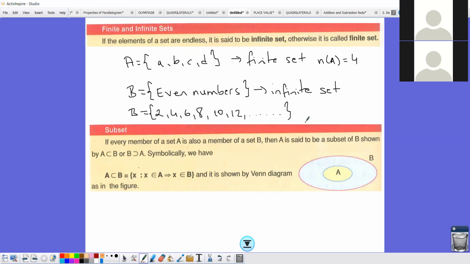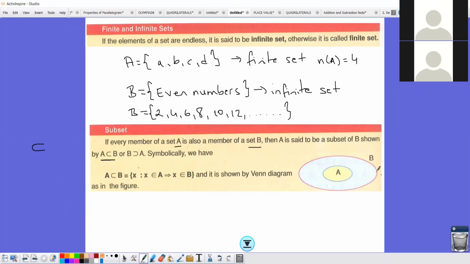And subset. We have one more topic, subset. If every member of a set A is also a member of a set B, then A is said to be a subset of B. How do we show a subset? A is a subset of B. We show it with this symbol. Maybe you remember it.